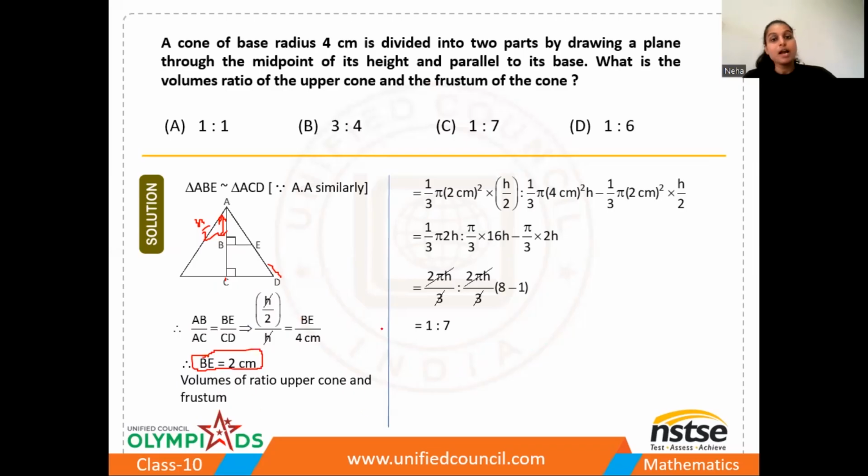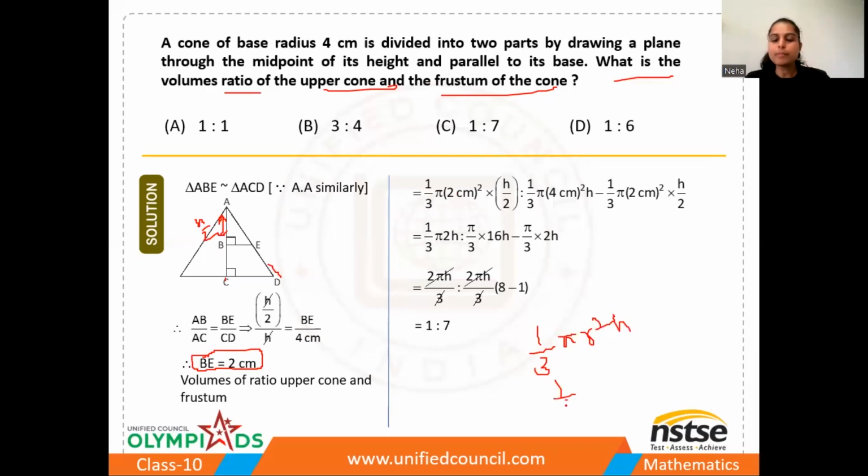Perfect. Now, the next thing is, what is the volume ratio of the upper cone and the frustum of the cone? So just put the formulas for the volume of cone and the volume of frustum. What is the volume of cone? It is 1 upon 3 pi r square h. And what is the volume of the frustum?